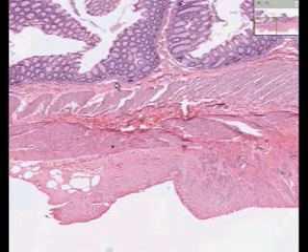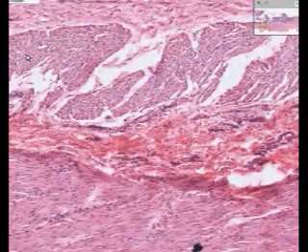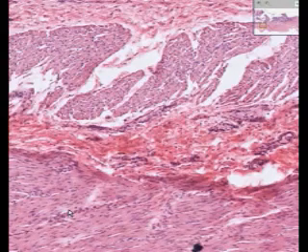Notice that you know that this is circular because when you look at the nuclei cut transversely with respect to their axis, all of the nuclei look round. When you cut the longitudinal fibers or the outer longitudinal fibers longitudinally, they look spindly.